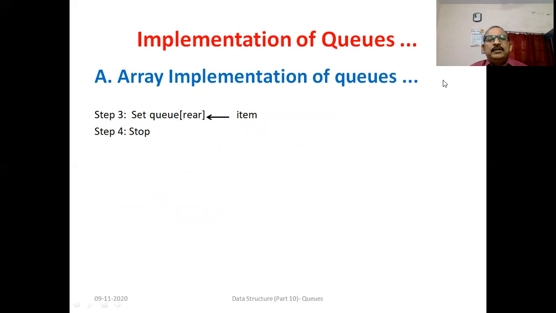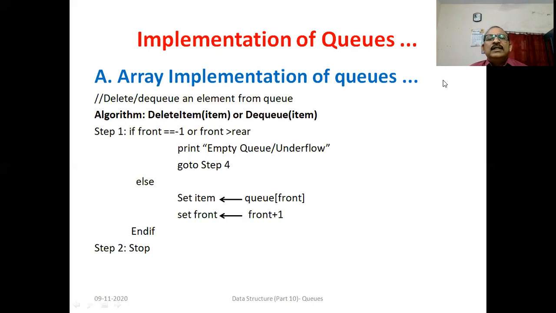Okay, step 3, we set queue[rear], where rear is the pointer, and we put the item at that place. Next step, stop the algorithm.